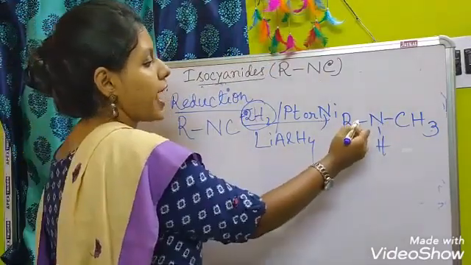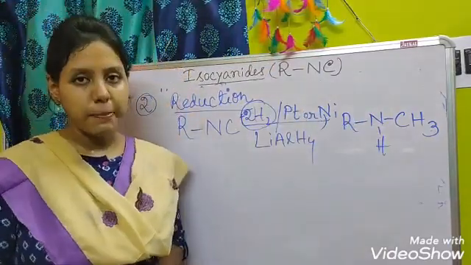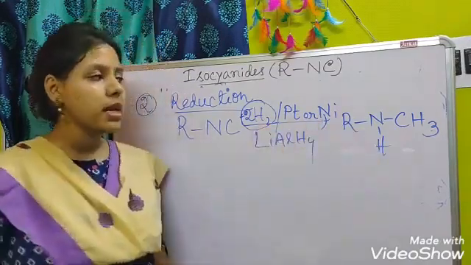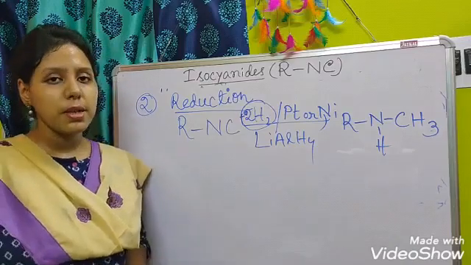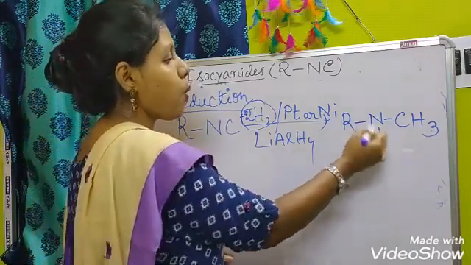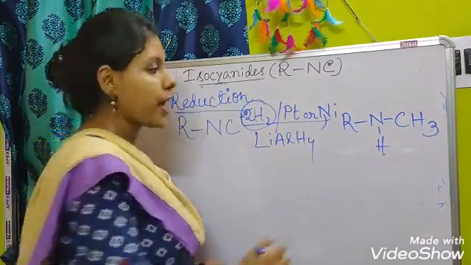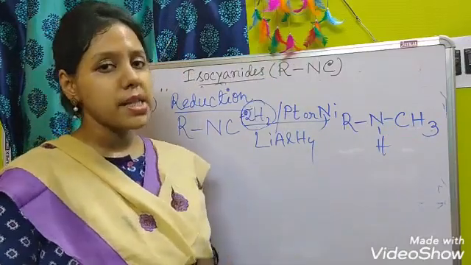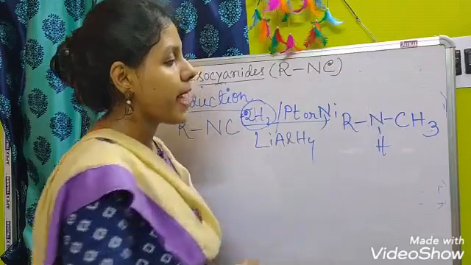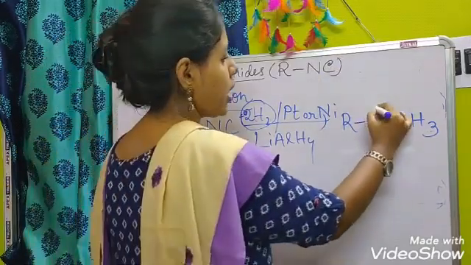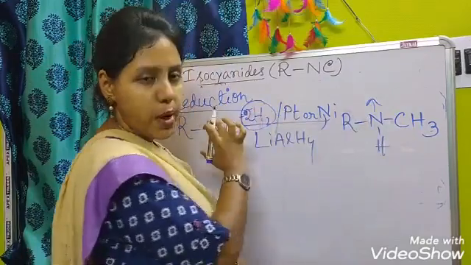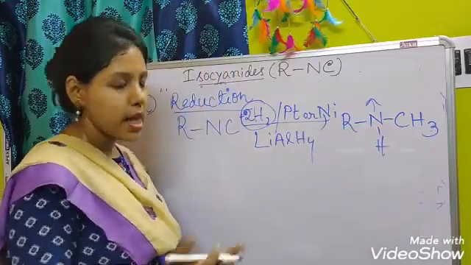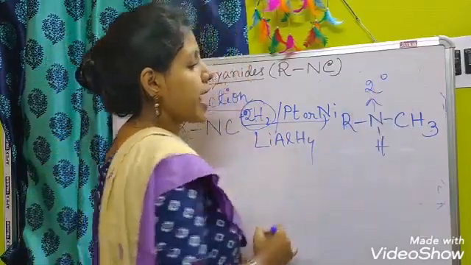Because nitrogen shows valency 3, one hydrogen can be added to nitrogen in a stable form. And 3 hydrogens fill the tetravalency of carbon. So this nitrogen has been attached with 2 carbons on both sides, therefore it is a 2-degree amine.